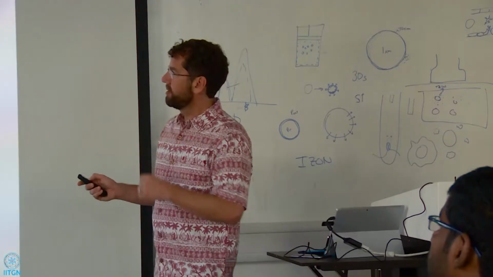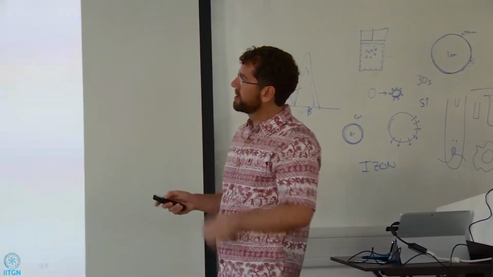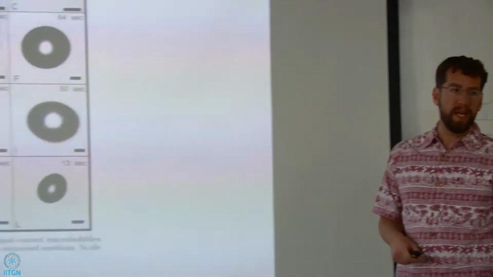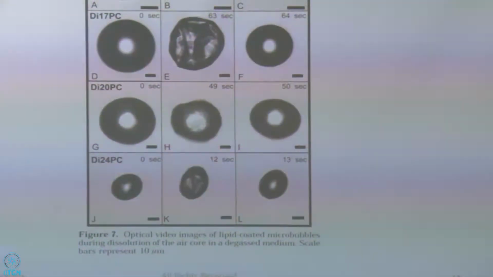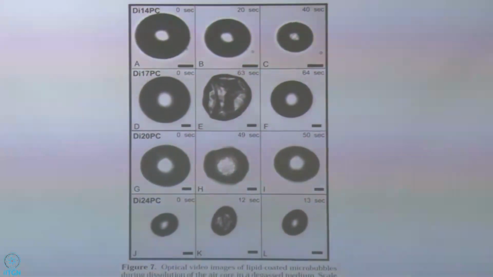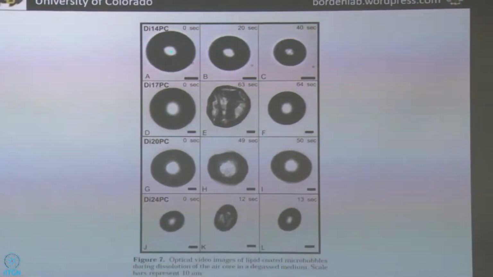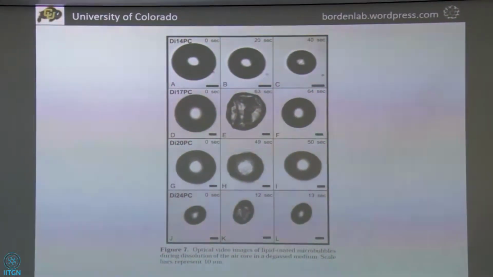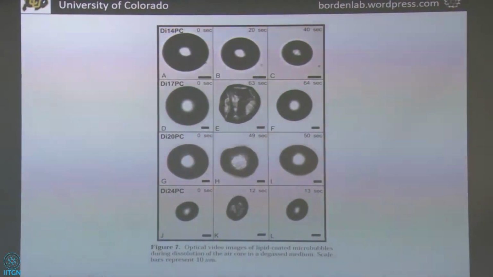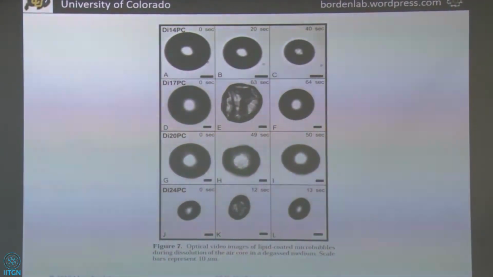These are snapshots of bubbles that were coated with different lipids at different time points. So DMPC bubbles, they have short acyl chains, and it's not a very solid forming lipid. And so these bubbles were seen to remain spherical as they dissolve. They dissolve quickly, and they dissolve spherically symmetrically.